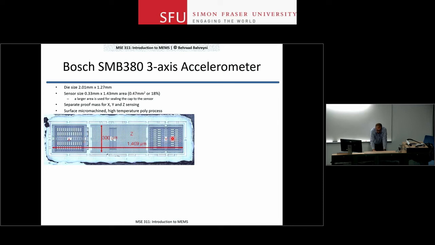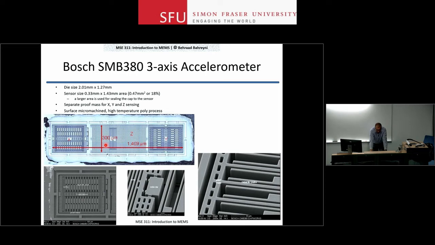Well, look at that. This is like a 90-degree rotated version of the same chip on this corner. This is for measurement of accelerations in Y direction. And then they have one other proof mass here for the accelerations in Z direction. Right? So basically, these are three accelerometers in one package.